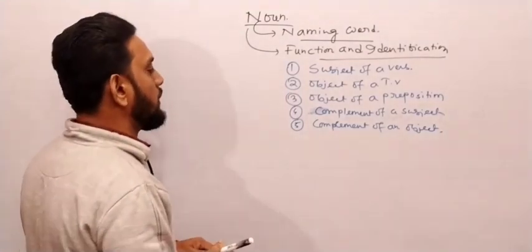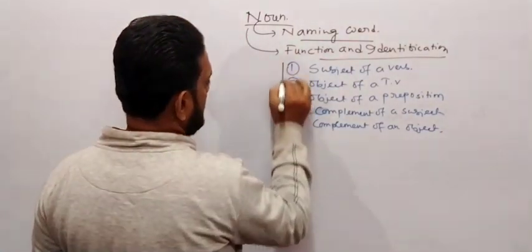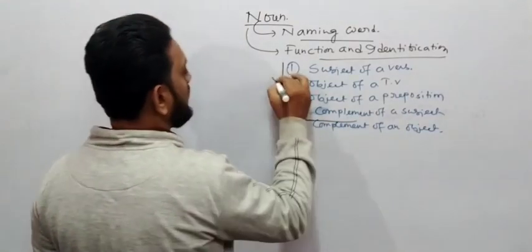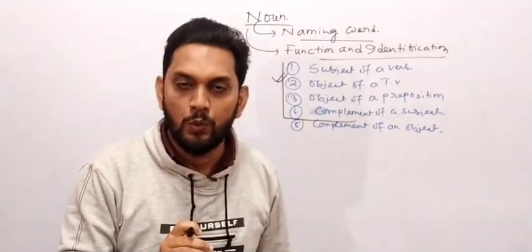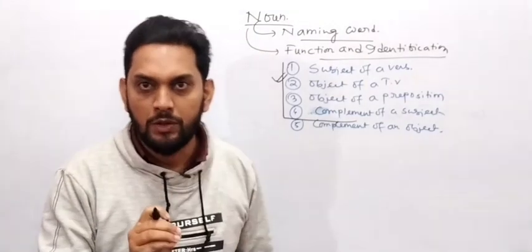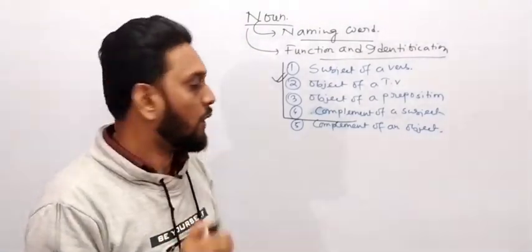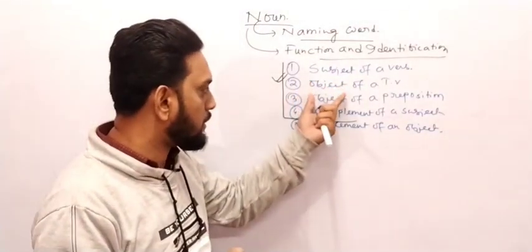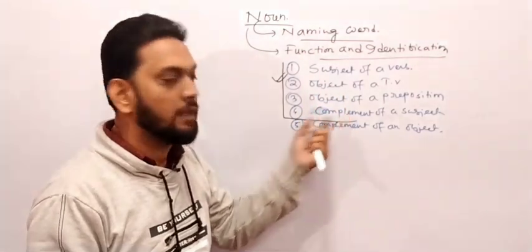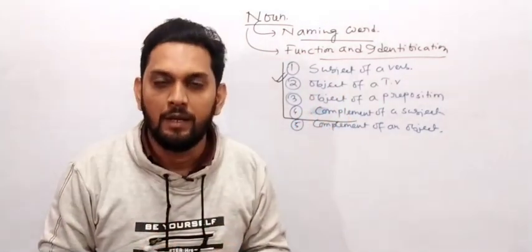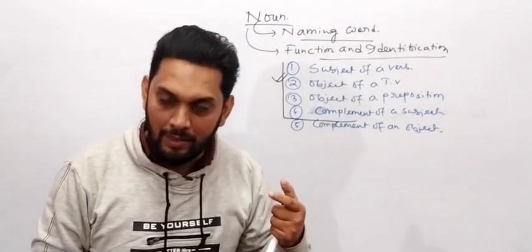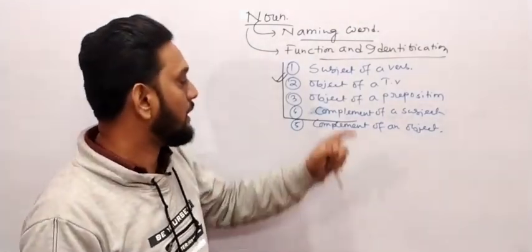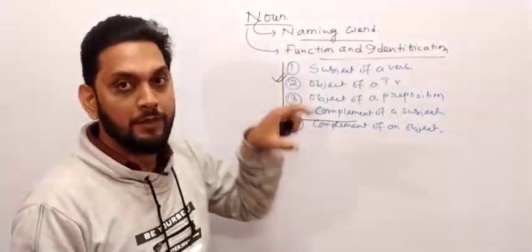How many functions have we already studied? 4 functions. These 4 functions are already studied, and I request all of you who did not watch the videos of subject of a verb, object of a transitive verb, object of a preposition and complement of a subject, please visit my channel and watch all the noun related videos.